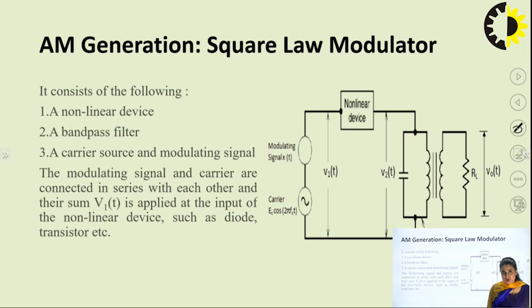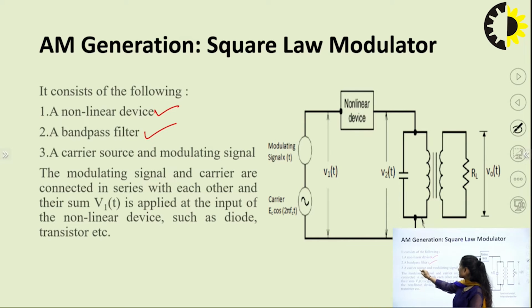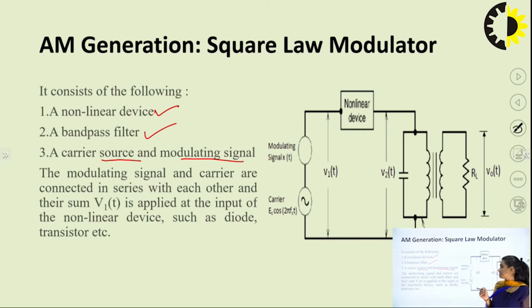So let's start with the square law modulator. It consists of these devices: a non-linear device, a band pass filter, and a carrier source and modulating signal. These are the two input signals that we provide to any modulator, that is my carrier wave and a message signal. So why a non-linear device?